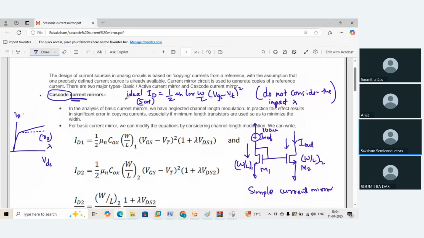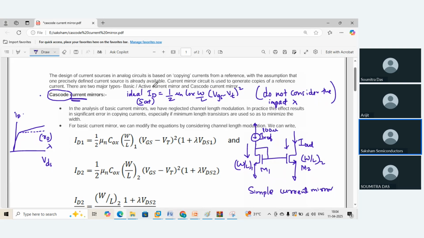So in the drain current equation, I cannot directly model the simple current mirror circuitry without the implication of lambda. That's the reason for the design we did yesterday: IREF current is given by the same equation and I out current is also given by the same equation. Everything will cancel out and only the W by L ratios will be the deciding factor.